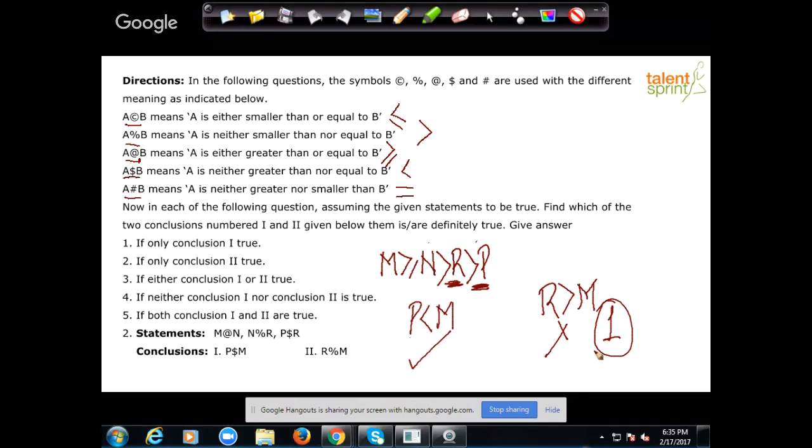Only conclusion 1 follows. Now, once again, I would request all of you to take 30 seconds and see if you have understood the question. I can see a lot of people saying, Satya is saying, Manish is saying, Narendra is saying, Sahadev is saying. Looks like all of you have got the hang of it.